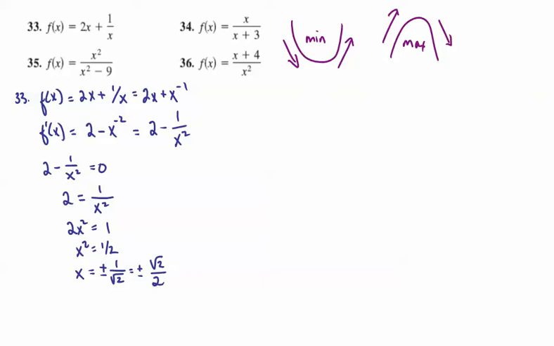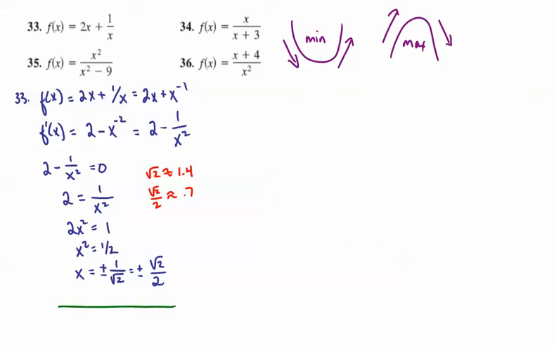Now, I'm not sure if I mentioned this before. You should have a way to estimate square root of 2. Square root of 2 is roughly equal to 1.4, so square root of 2 over 2 is roughly equal to 0.7. So we'll need that when we go on to our sign chart, which is right now.